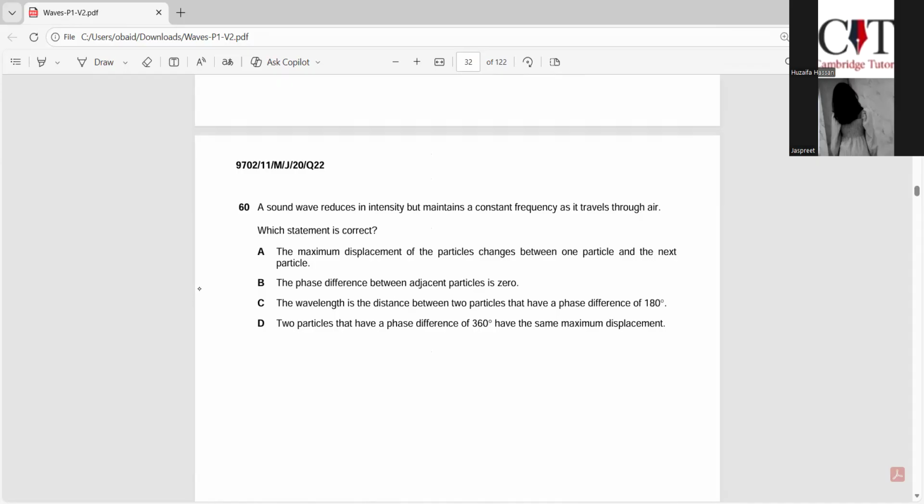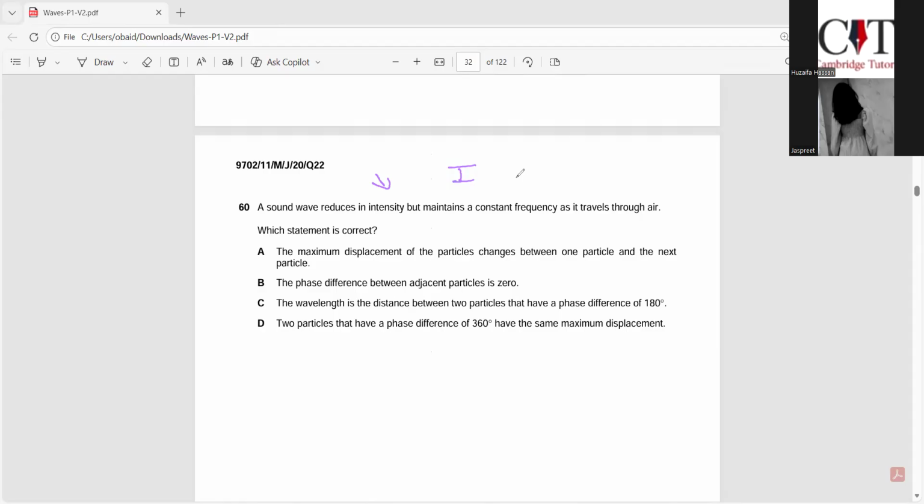So if the intensity is decreasing, you know we studied the relation: intensity is directly proportional to the square of, remember? So intensity, the formula is P over 4 pi r square, right?